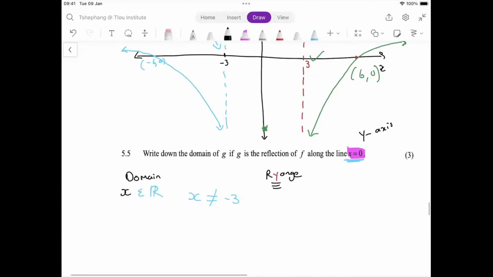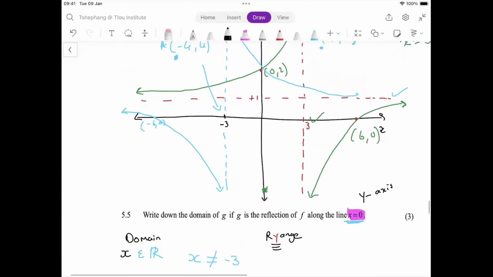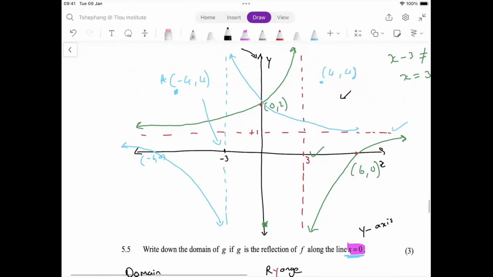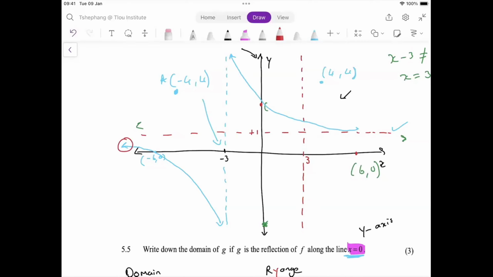So somebody was asking me to explain the domain. So I'm pretty sure they're talking about the domain of this function, right? So let me just erase the green out. When we are talking about domain, we are talking about the x values, right? Where does the graph exist? The graph exists all the way here. Where is that pointing? Negative infinity. And the graph is pointing to the right.